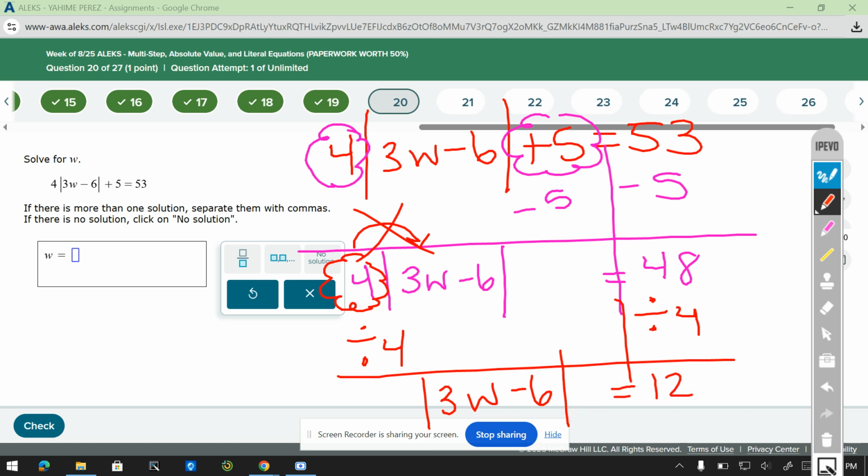Okay. Now that we've got the absolute value bars alone equal to a positive number, we can take the inside and essentially we're going to make two equations. We're going to take the inside and make it equal to positive 12. We're going to take the inside and make it equal to negative 12 and then just solve.